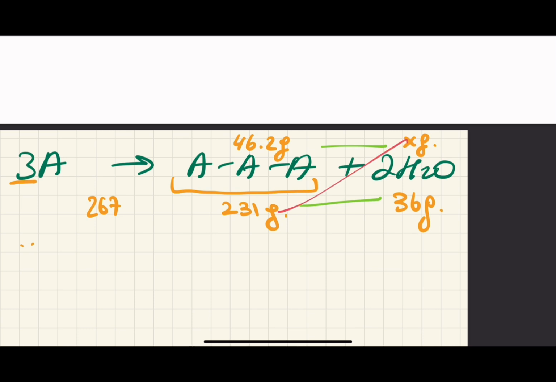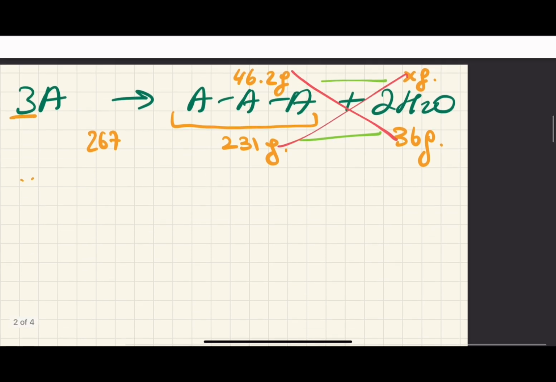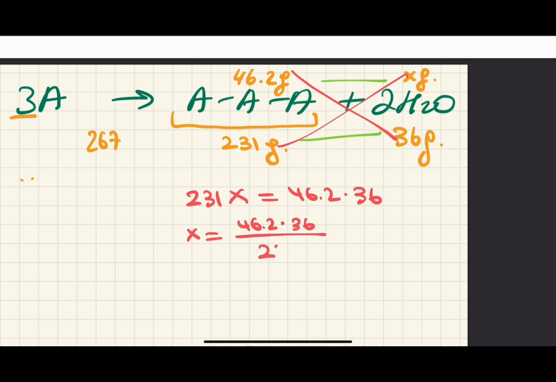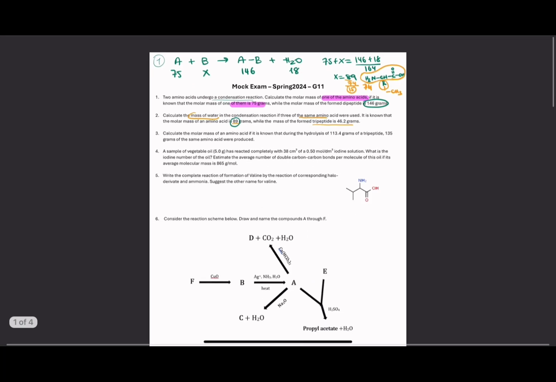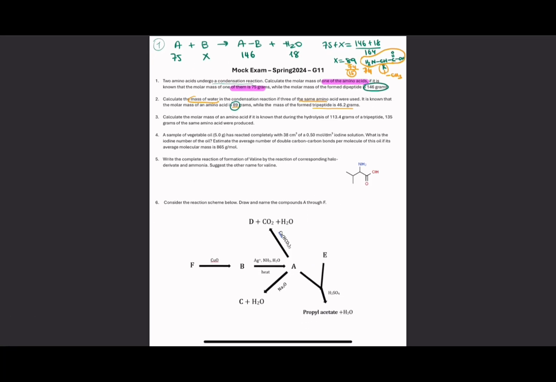You will do cross multiplication to find it. 231 times X equals 46.2 times 36, so X would be 46.2 times 36 divided by 231, and they will cancel each other out. This would be 5 over 1, and this would be 7.2 grams of water. Now that is question 2.